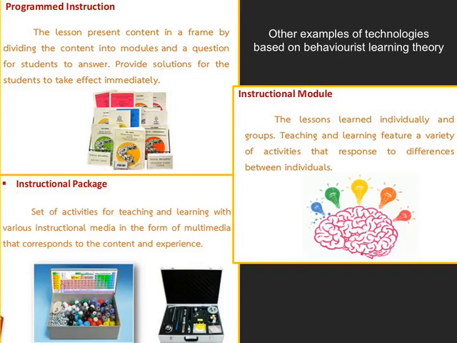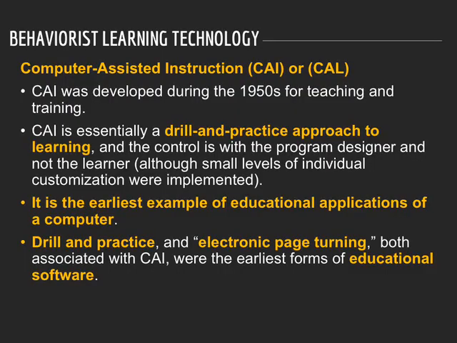Other examples of technologies based on behaviorist learning theory. Computer-assisted instruction, CAI, or computer-assisted learning, CAL, is a drill and practice or electronic page-turning approach to learning, which were the earliest forms of educational software.